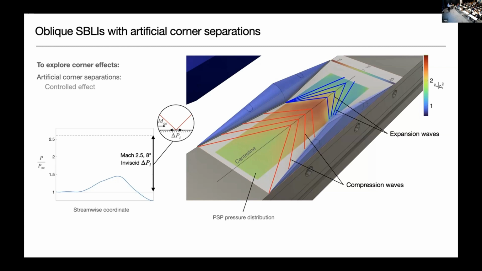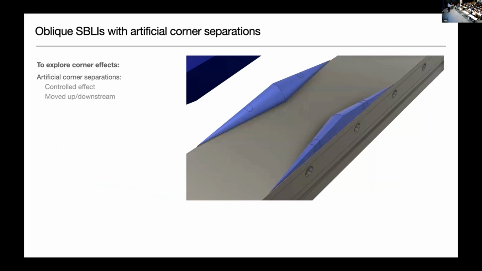So for this interaction at Mach 2.5 with an 8-degree deflection, that's the pressure rise that we get overall. The compression waves are increasing the pressure to about 18% of that, and the expansion waves are then dropping the pressure all the way down to about below 9% of the upstream pressure. Just to give you a sense of how strong these waves are.